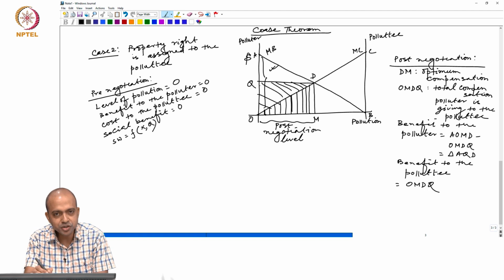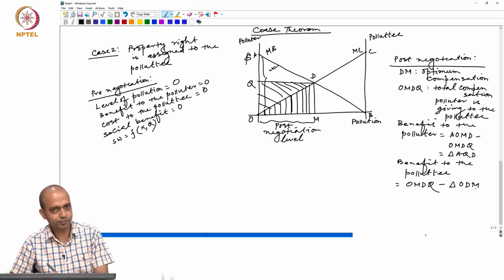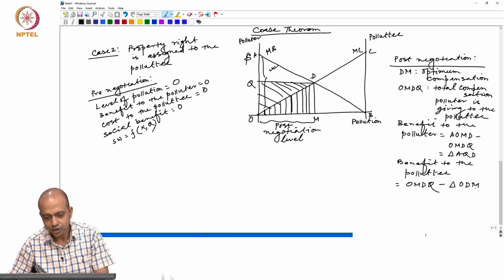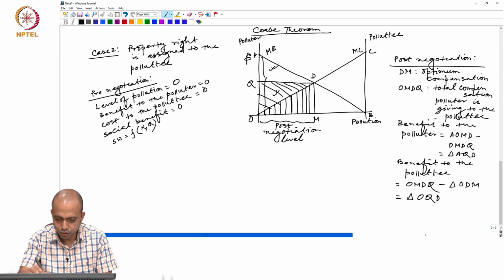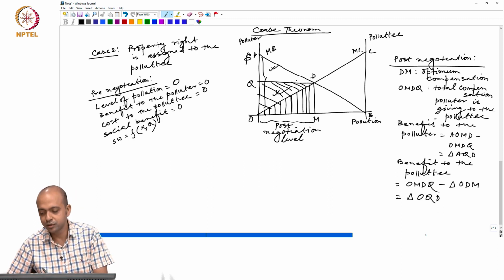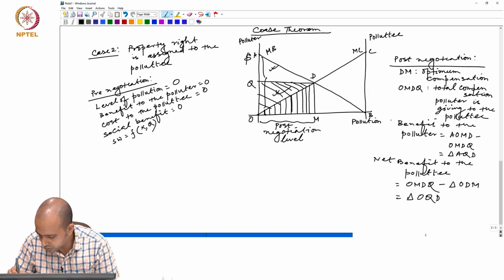This is the total compensation, out of which the pollutee has to spend this triangle ODM amount for cleaning the pollution. So, that will become triangle OQD amount. This is the net benefit.